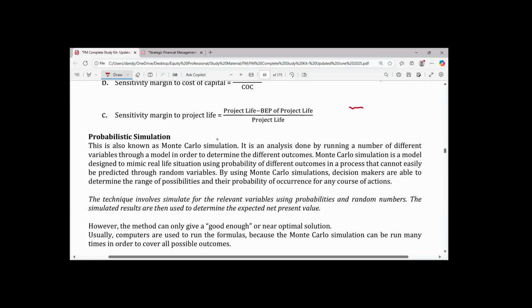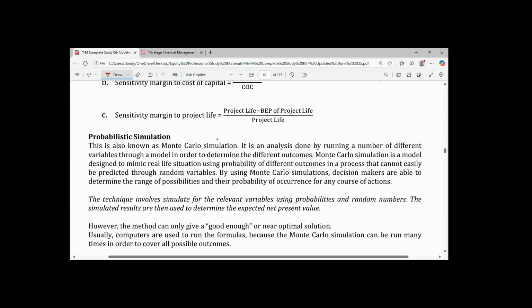You then use your simulated results to compute the NPV, and what you get is the expected value using the simulation method. I repeat, you need to simulate for each variable of cash inflow and cash outflow.